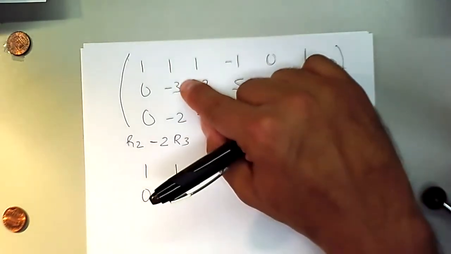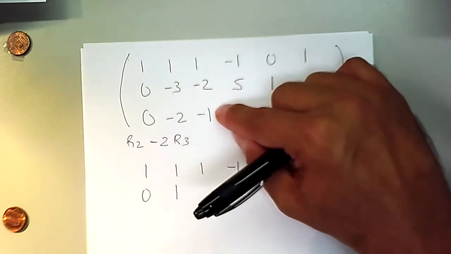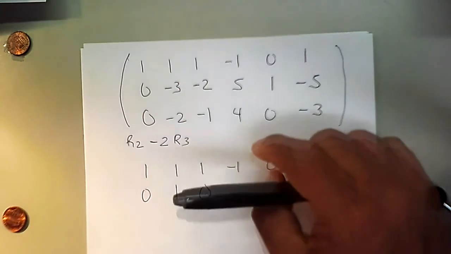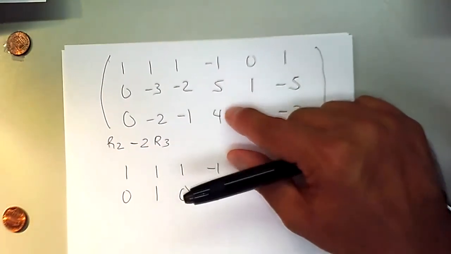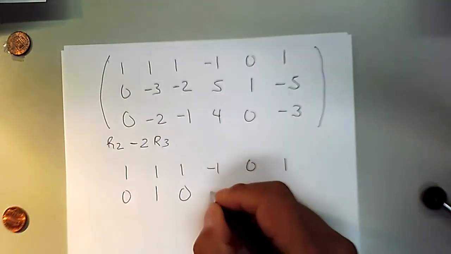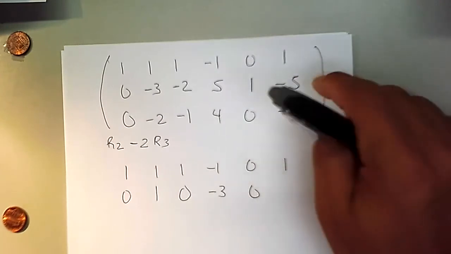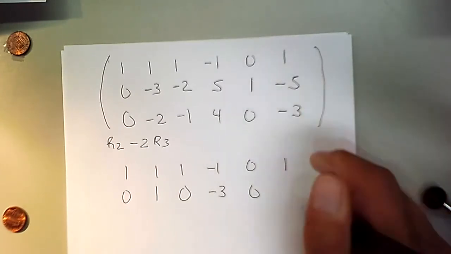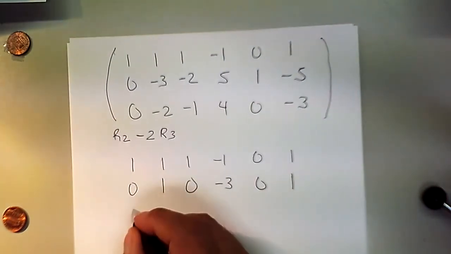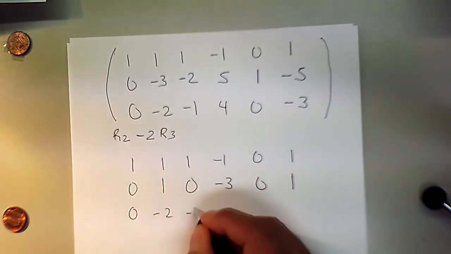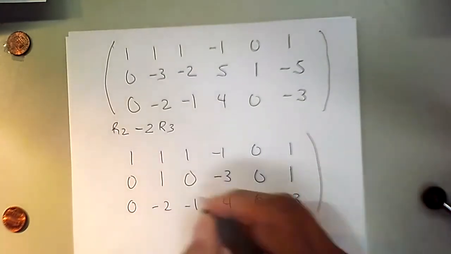Oh, that's nice. Negative 2 plus 2. 5 minus 8. 1 minus 0. Negative 5 plus 6. 0, negative 2, negative 1, 4, 0, negative 3.